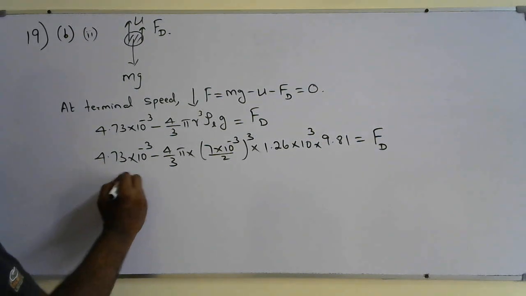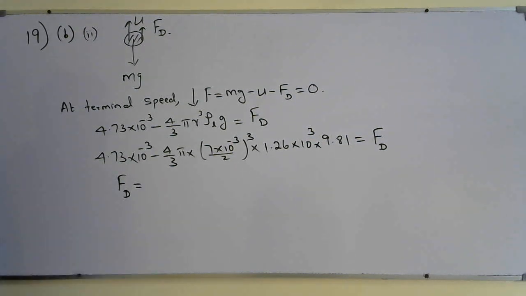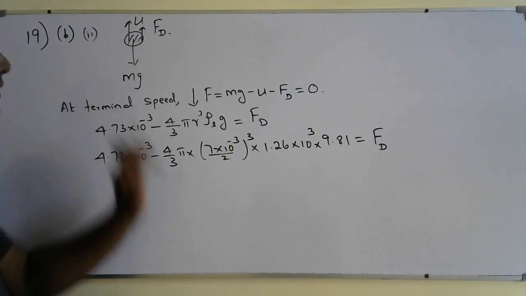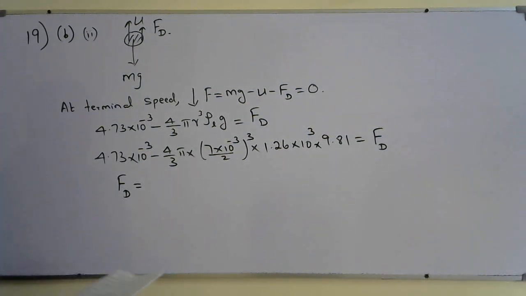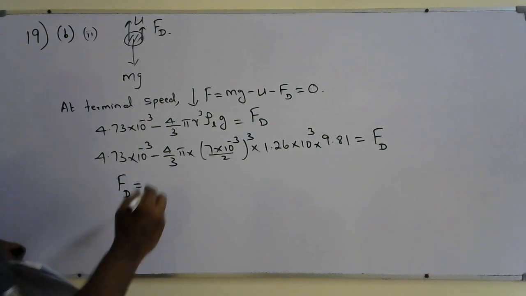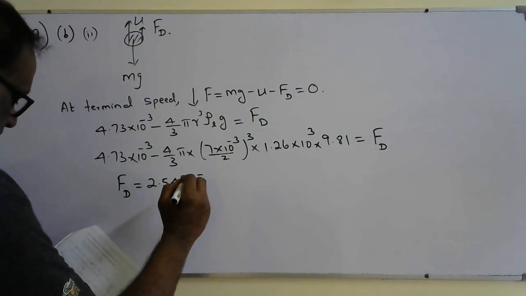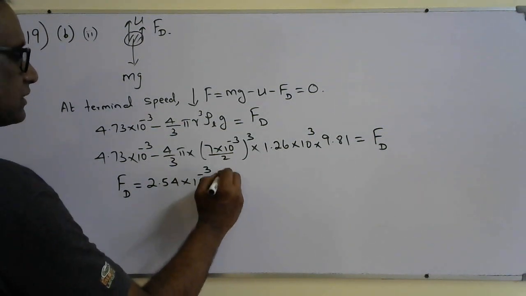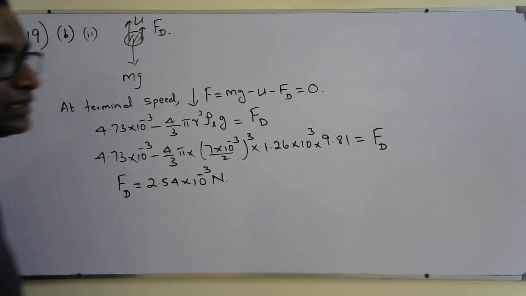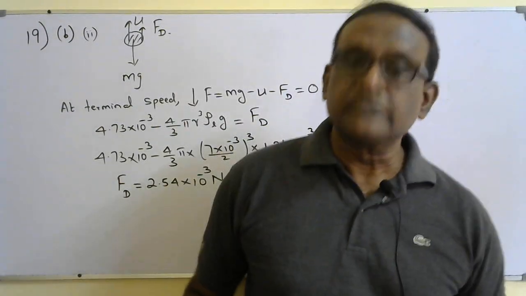So we find the drag force at terminal speed. That is equal to 2.54 × 10^-3 Newton. Okay, so that's the drag force.